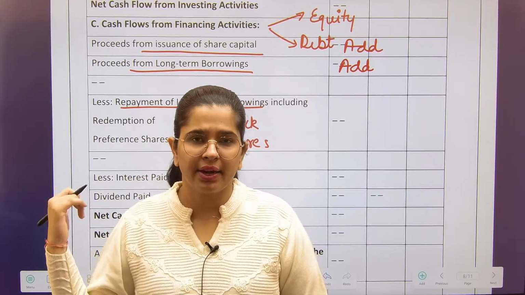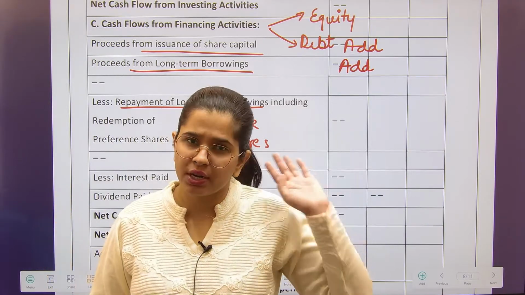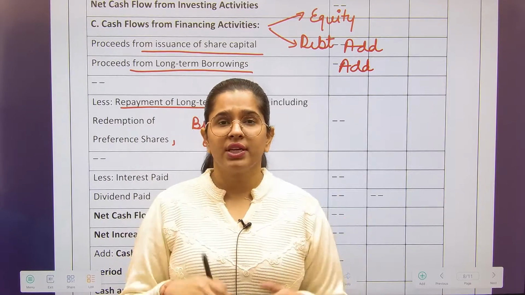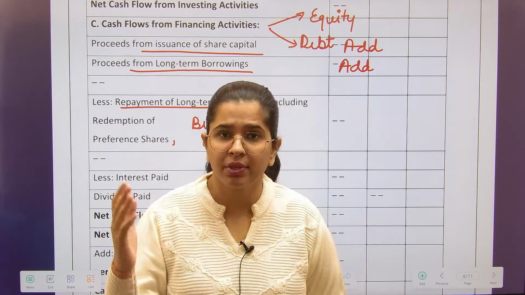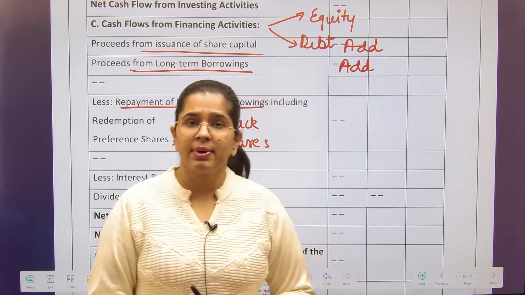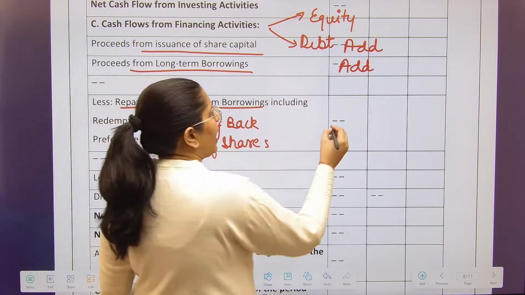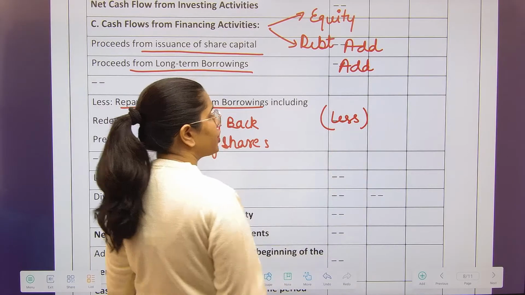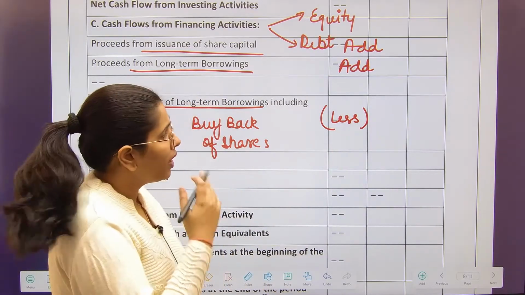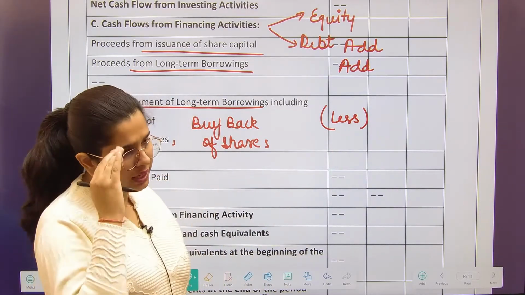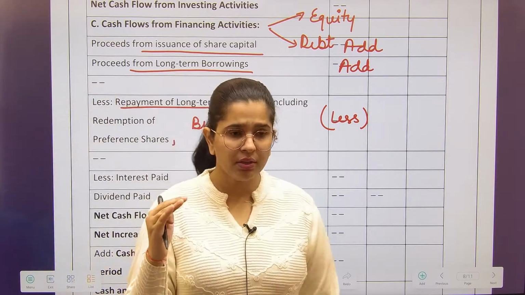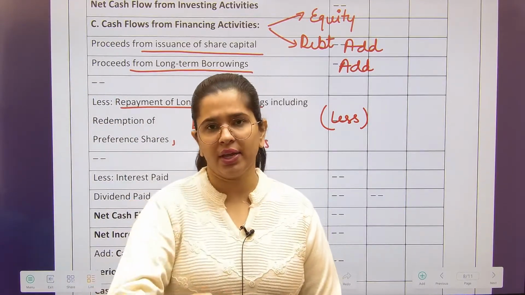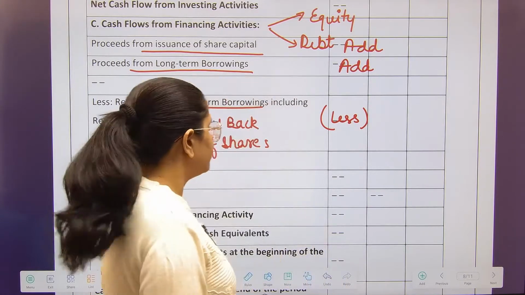Means in buyback, in redemption, you are paying back the money to general public. In payment of borrowings, let's suppose if you have taken a bank loan, you are making the repayment to bank. In all these cases, money is going out of your pocket, and hence I will deduct this item because my cash is reducing. Throughout the cash flow statement, there is just one thing which I have to keep in mind, that whether cash is coming in or cash is going out, right?